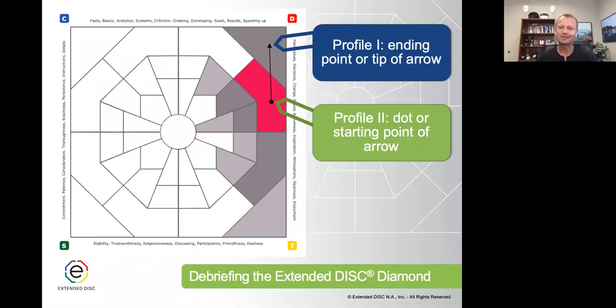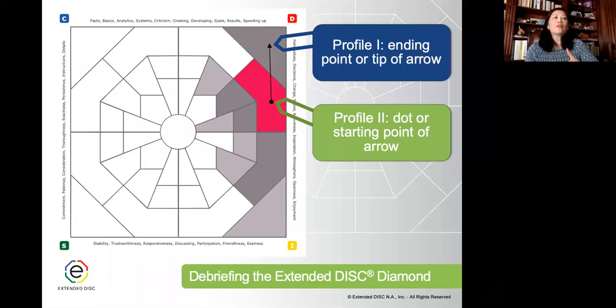If you really think about the arrow and the length of the arrow, it's not about ability. Obviously we are trying to push ourselves or modify our styles to other styles, and some modifications that we make simply take more energy. For this person, if they were to be a D style, 100% D, the arrow's not that long.